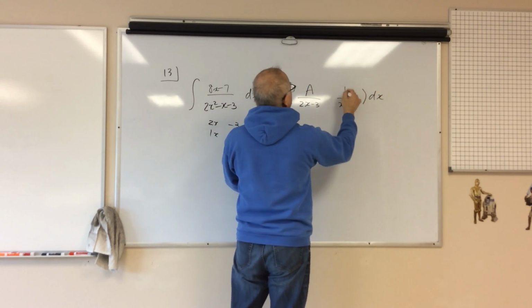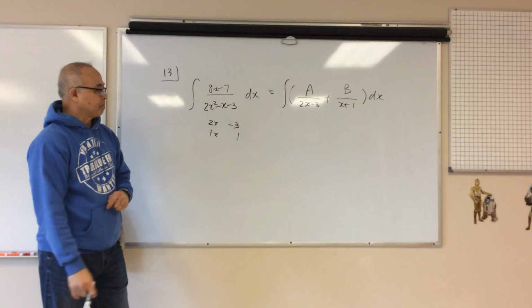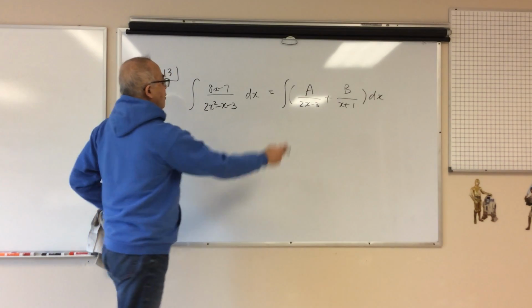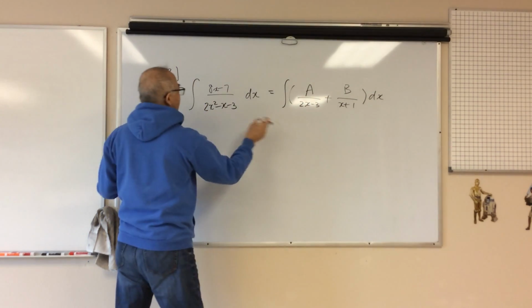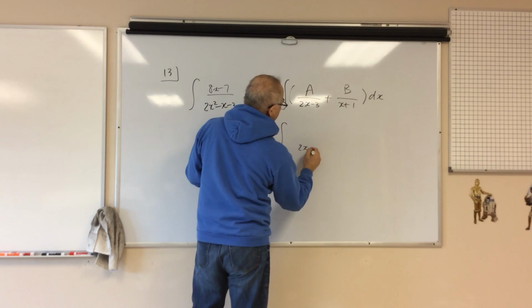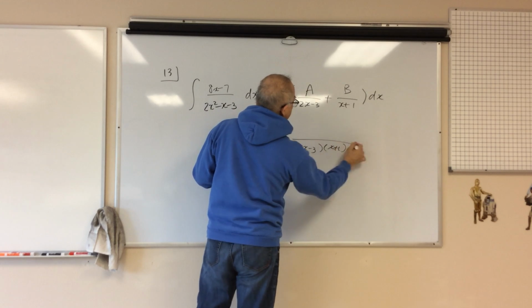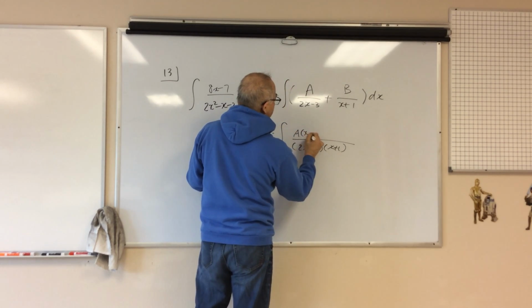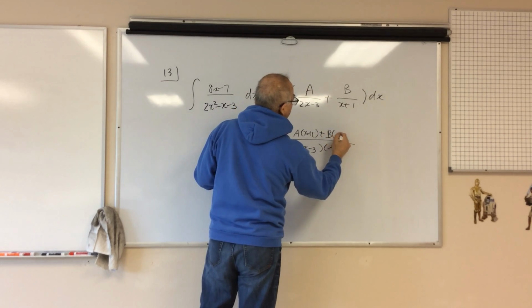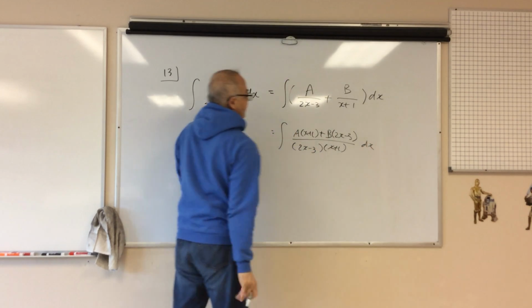We do not know what these two are, and that's what we're going to solve for. If I combine this, I'm going to get a times x plus 1 plus b times 2x minus 3, dx.